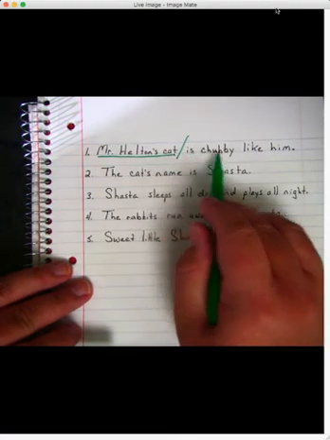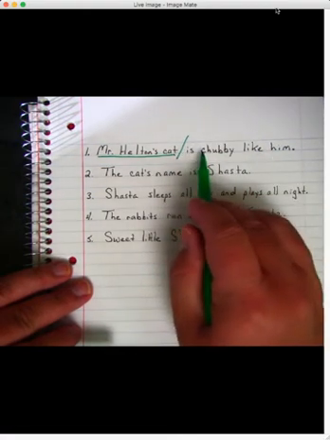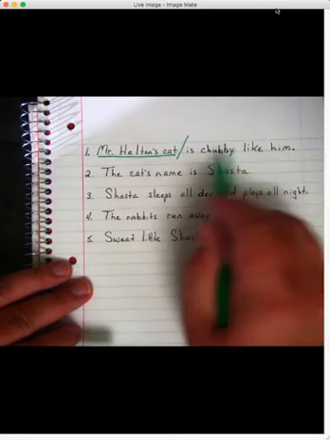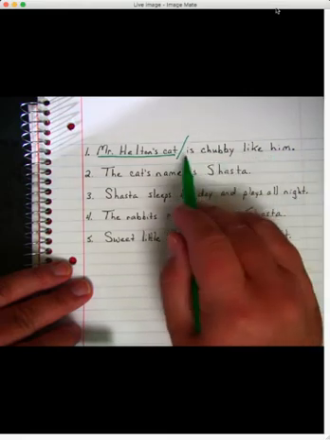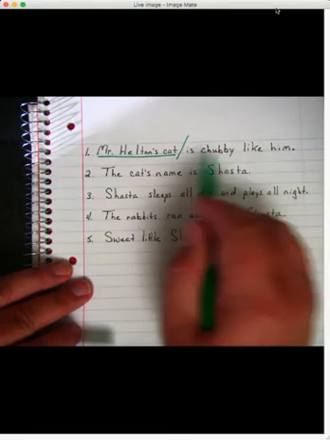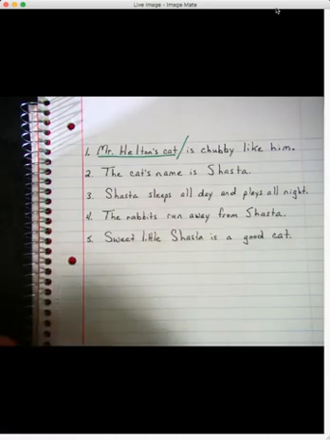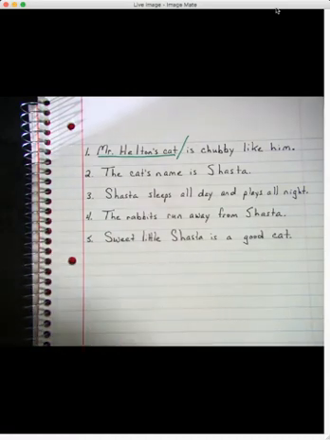Now, this second part here is called the predicate. It is not what we're going to focus on today, but it tells the action or what something is. But we're going to focus on the subject of the sentences today. So the complete subject is Mr. Helton's cat. What is the one word there that you think might be the simple subject? The one word the sentence is about.